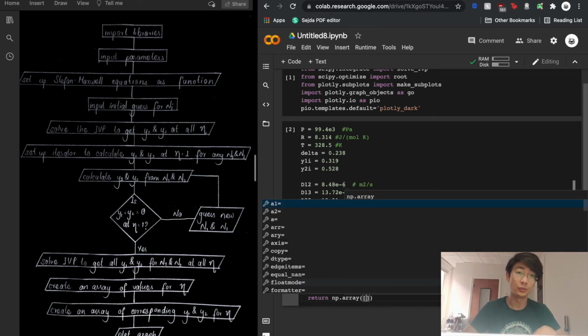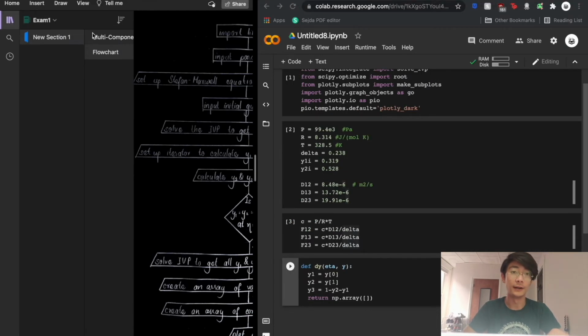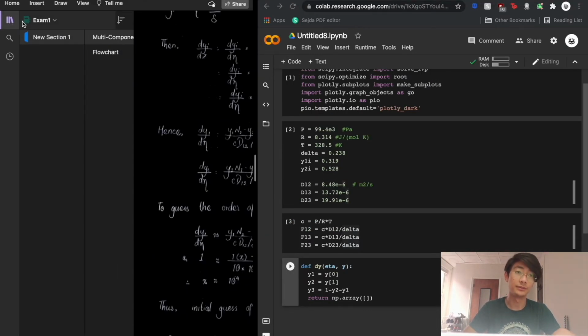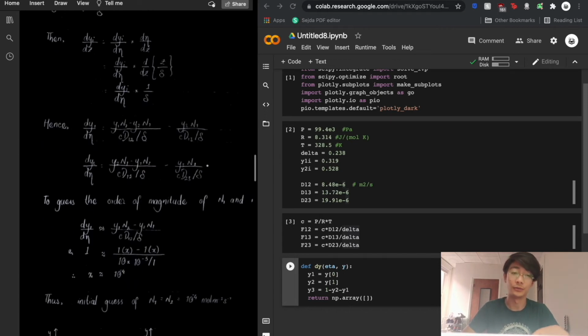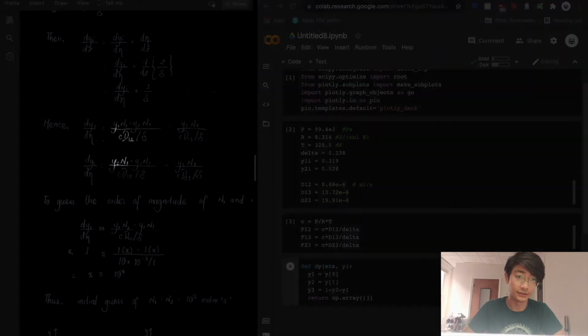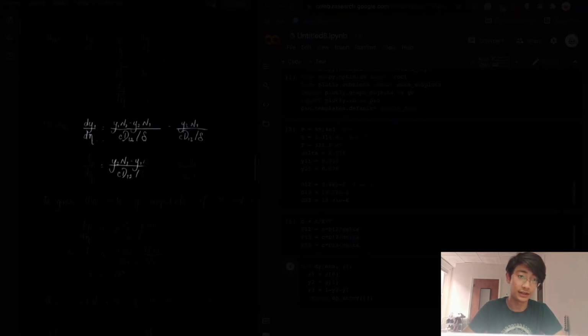The first one will be the Stefan-Maxwell relationship for acetone, and the second one will be the Stefan-Maxwell relationship for methanol. And those are these two equations. The one on top will be the first element in the array, and the second one will be the second element in the array.